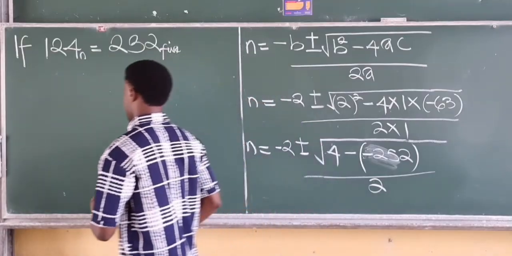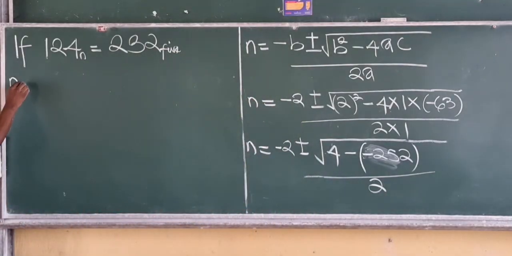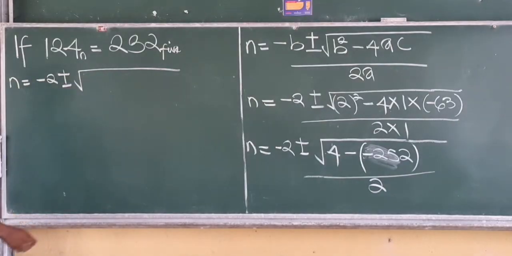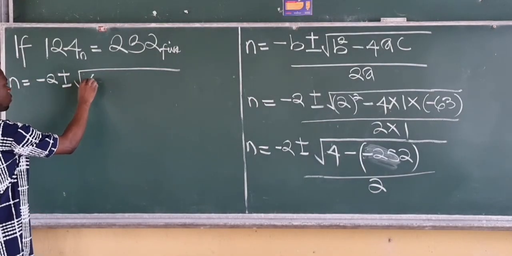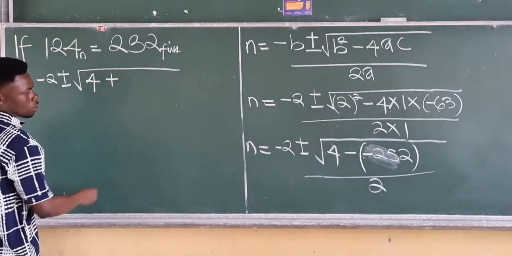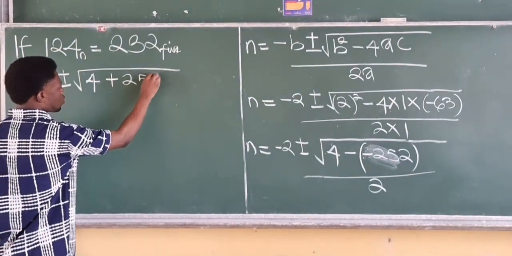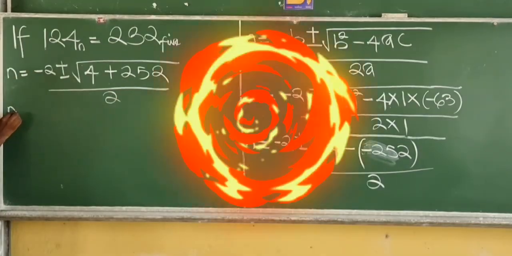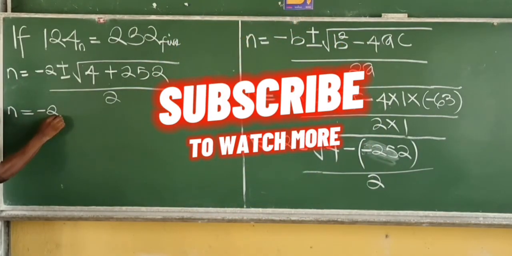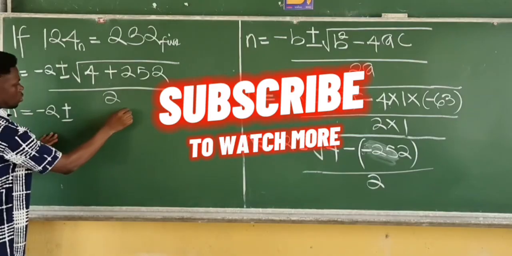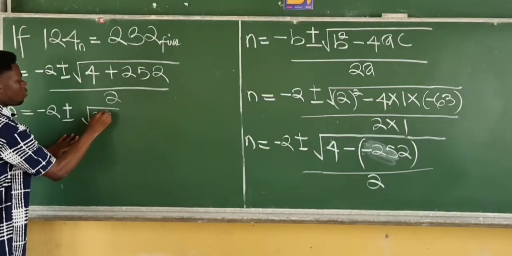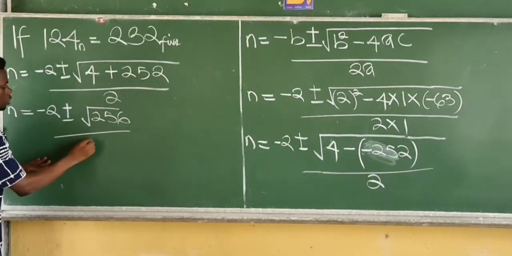Alright, let's bring this to this side of the board, and we have n is equal to minus 2 plus or minus square root of 4 plus 252, all divided by 2. n is equal to minus 2 plus or minus square root of 4 plus 252 gives 256, all divided by 2.